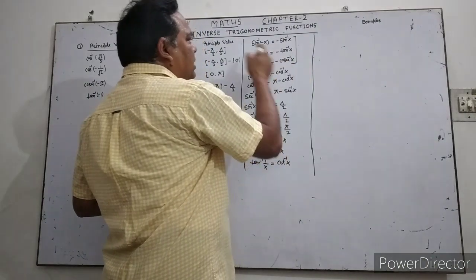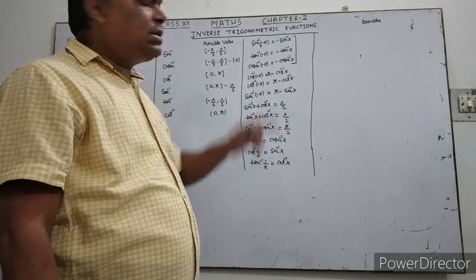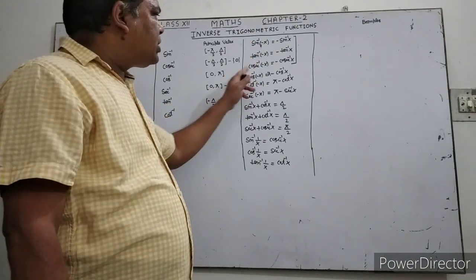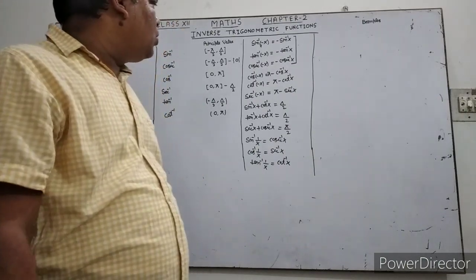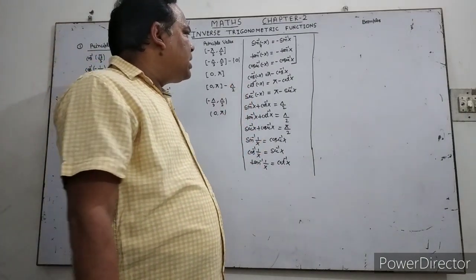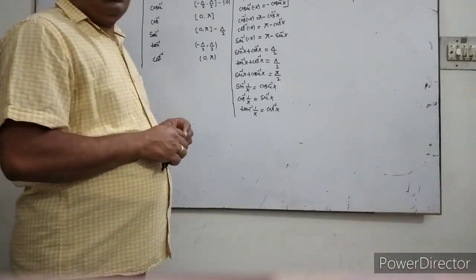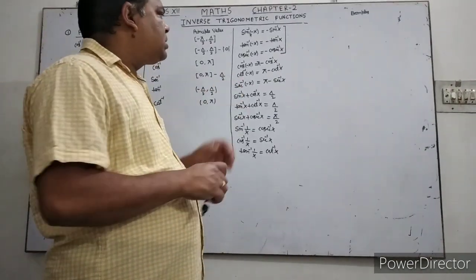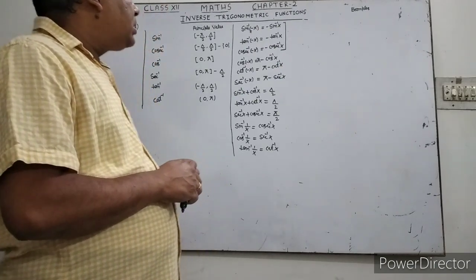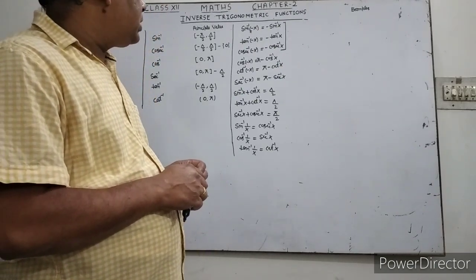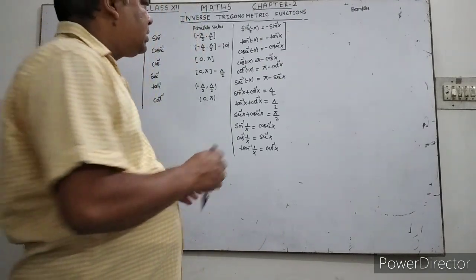Now cos inverse of minus x equals pi minus cos inverse x. Cot inverse of minus x equals pi minus cot inverse x. Sec inverse of minus x equals pi minus sec inverse x.